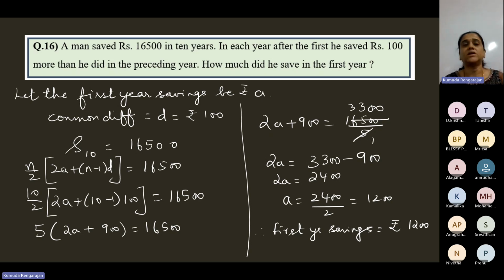Supposing he saves 100 rupees less every year, then the common difference is minus 100. If he saves 100 rupees less every year, then the common difference will be minus 100.